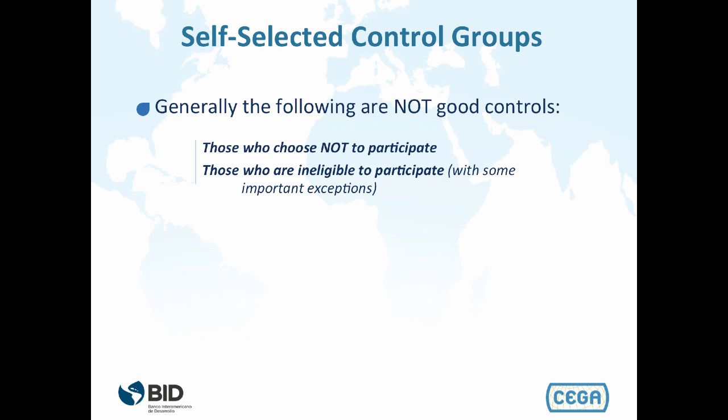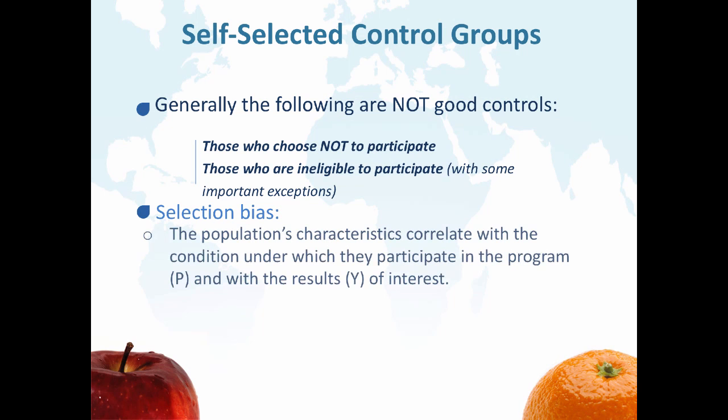In general, these selection criteria lead to differences in individual characteristics like income, preferences, motivation, attitudes, family background. And these differences are correlated with the outcome. So the difference between the treatment group and the control group in this case is not only due to the intervention, but also due to these differences in characteristics.